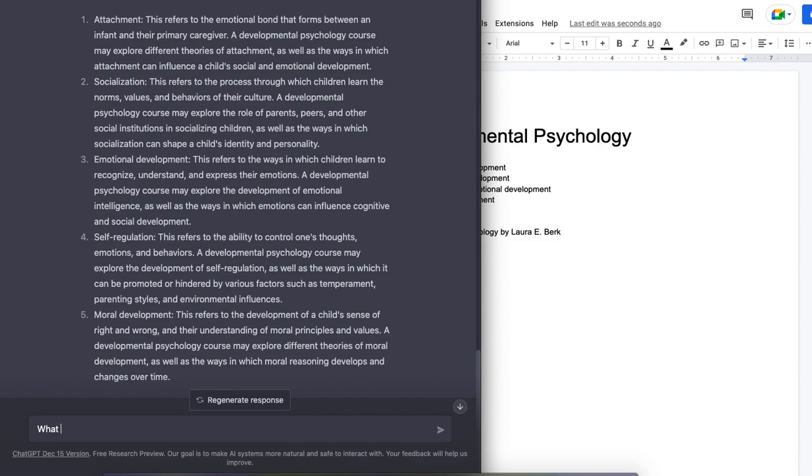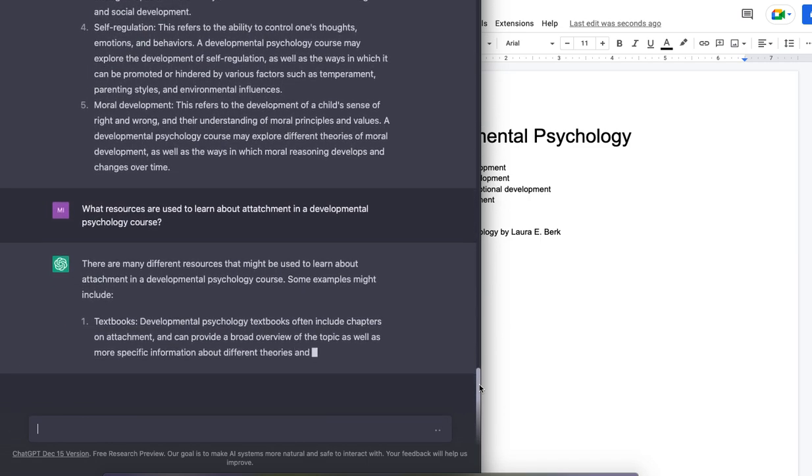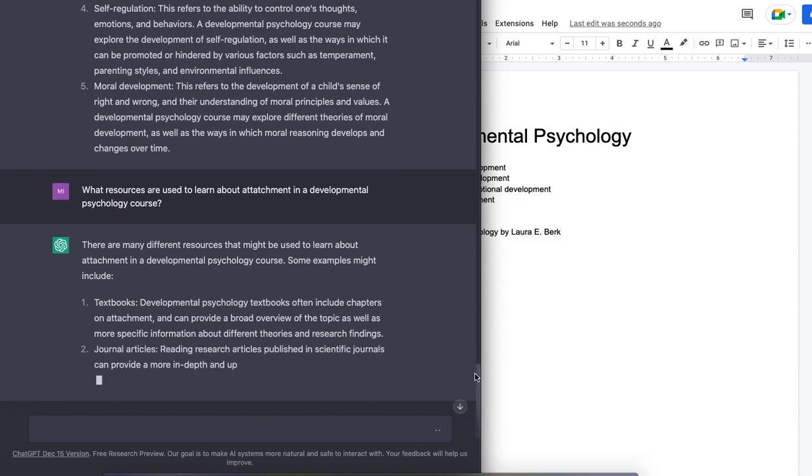So let's ask, what resources are used to learn about attachment in a developmental psychology course? So of course there's textbooks. Sometimes these get pretty interesting.